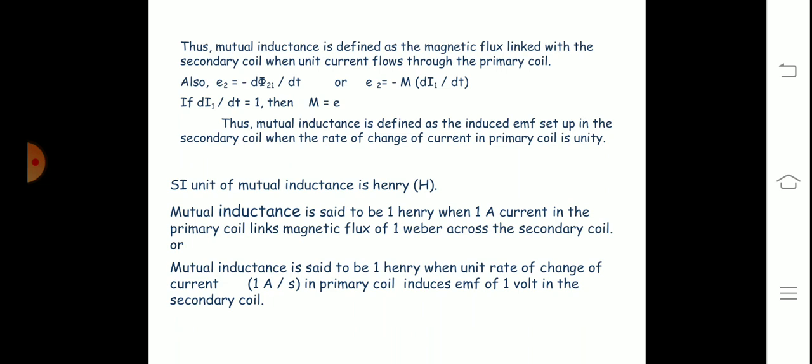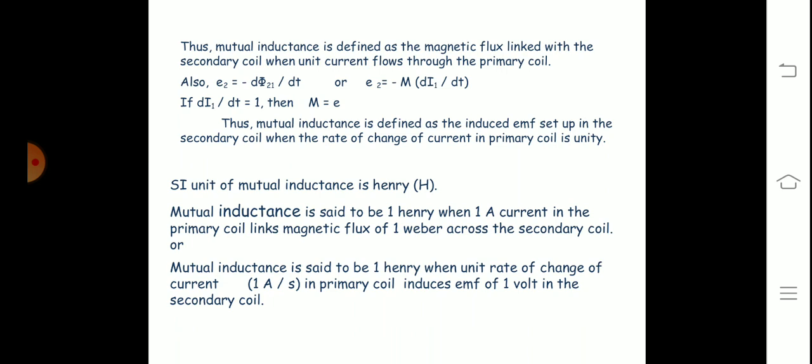Similarly, the SI unit of mutual inductance is Henry. Mutual inductance is said to be 1 Henry when 1 ampere current in the primary coil links the magnetic flux of 1 Weber across the secondary coil. Or mutual inductance is said to be 1 Henry when a rate of change of current of 1 ampere per second in the primary coil induces an EMF of 1 volt in the secondary coil.